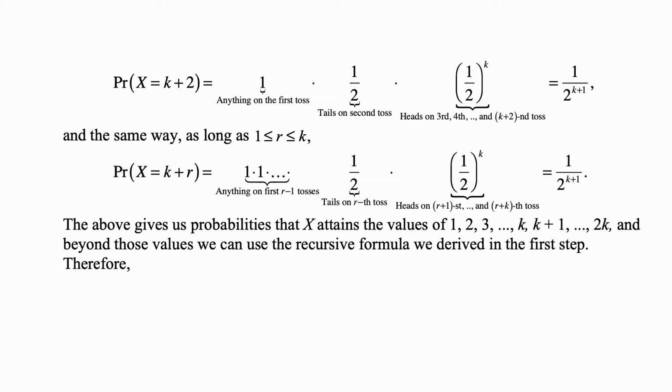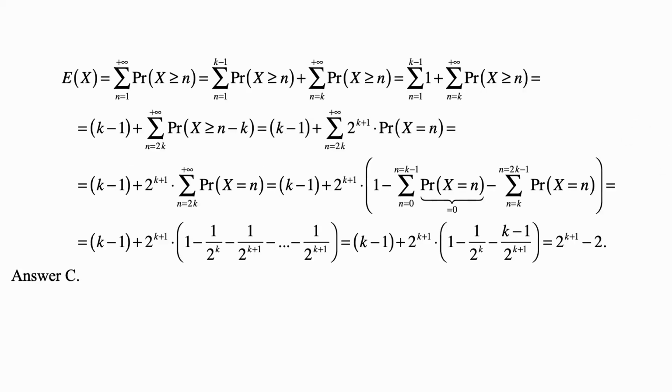And therefore, the expected value of X, which is by the Darth Vader rule applied to this discrete random variable equal to the sum from n equal to 1 to plus infinity of the probability that X is greater than or equal to n, which is the sum from n equal 1 to k minus 1 of the probability that X is greater than or equal to n, and then starting from n equal to k to plus infinity, the probability that X is greater than or equal to n.